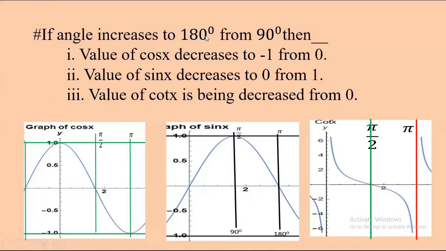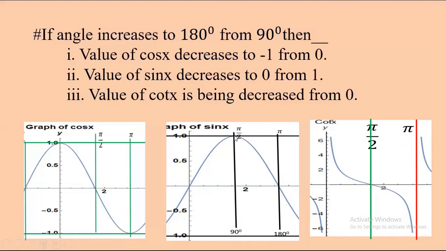When the angle increases from 90 to 180, the cos function decreases from 0 to minus 1. Correct. For the angle 90 to 180, what about the sine function?